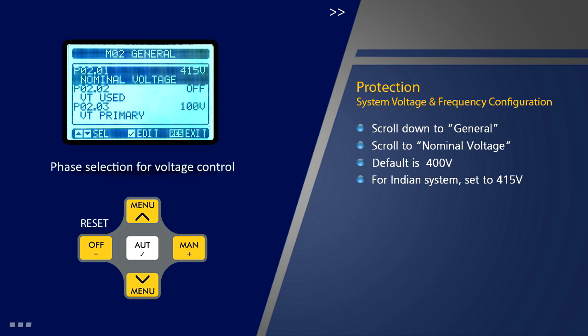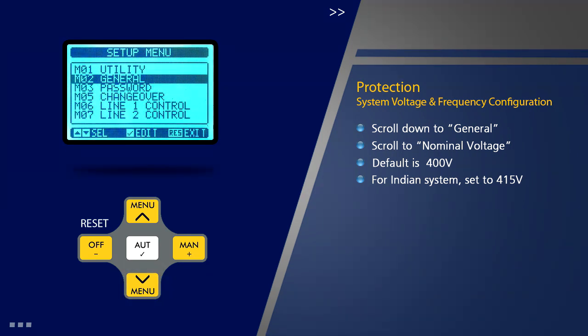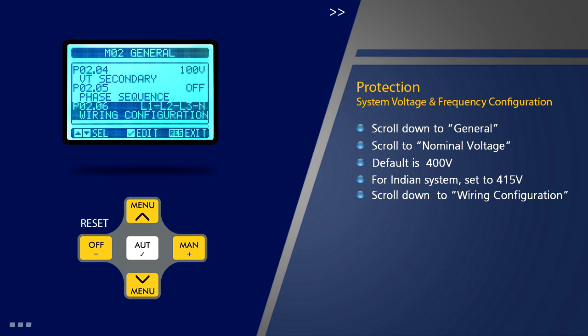Next, let us see the steps for phase selection for voltage control. Scroll down on General page to parameter 6, which is Wiring Configuration, and press OK.